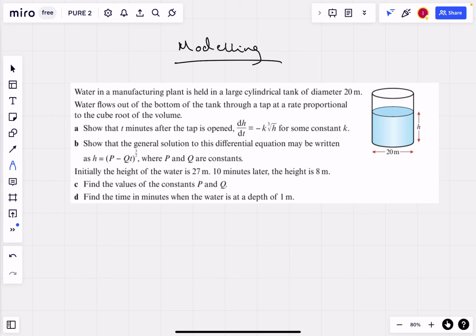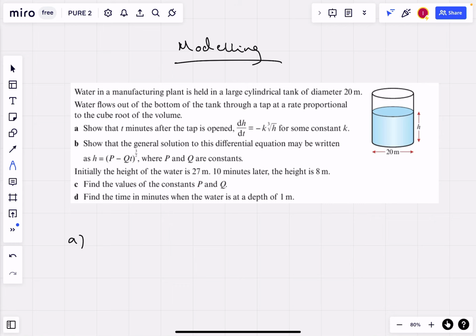So you've read the question, part A. Let's jump straight into it. Show that t minutes after the tap is opened, dH by dt equals k cube root of h. Right, so dH by dt means the rate of change of h, which is your height.